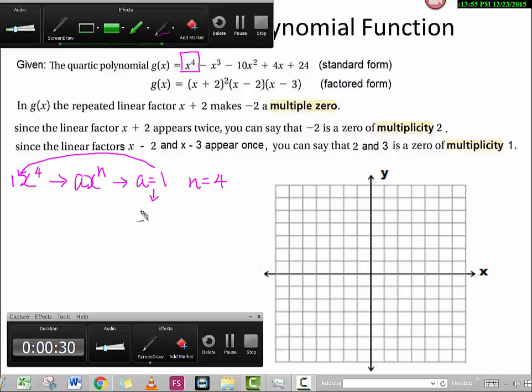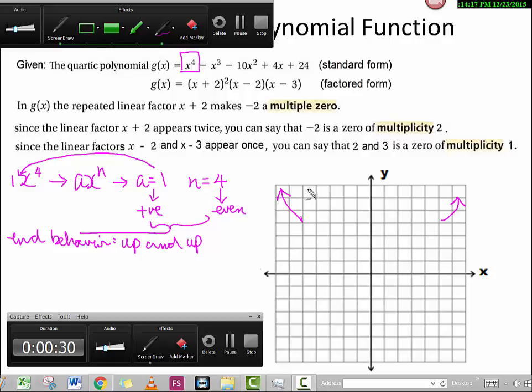So a is a positive number and 4 is an even number, so we know the end behavior is going to be up and up. So it's going to be something like this, up and up.